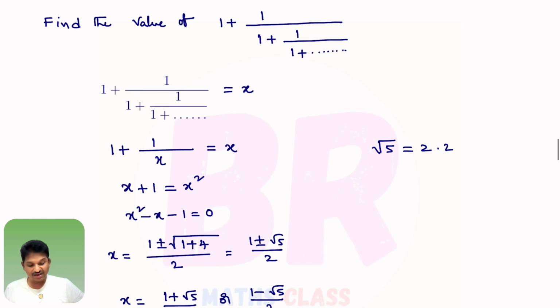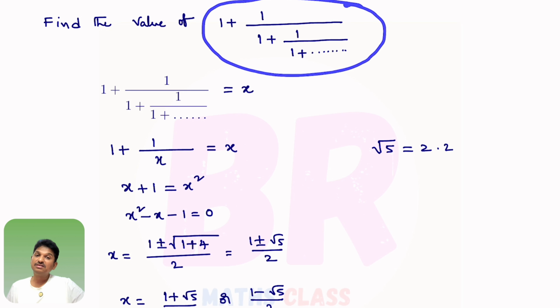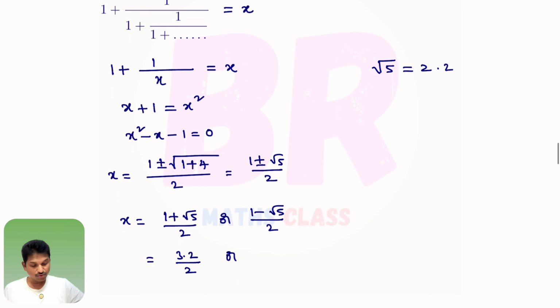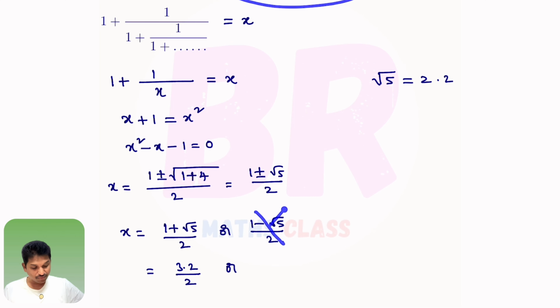We can understand clearly that this continued fraction is not a negative number, it's a positive quantity. You won't get a negative number here. This is 100% a positive number. So this is the extra value we got. This is not possible, so we eliminate it. This value is less than 0, so it is not possible.